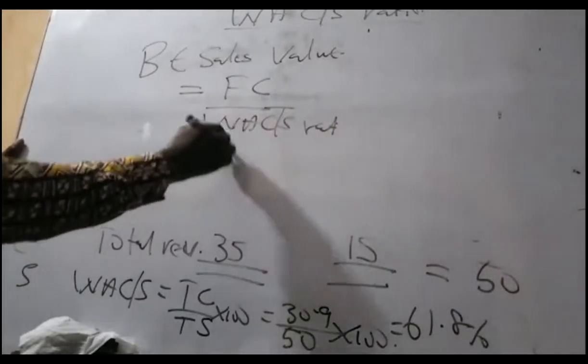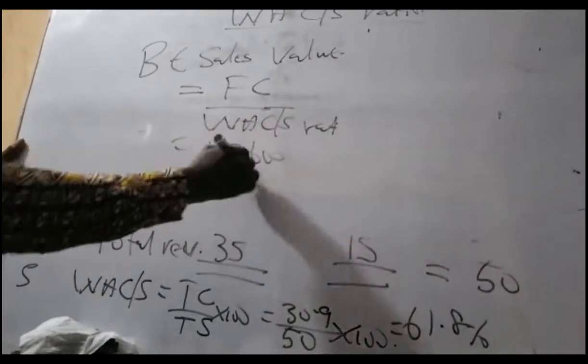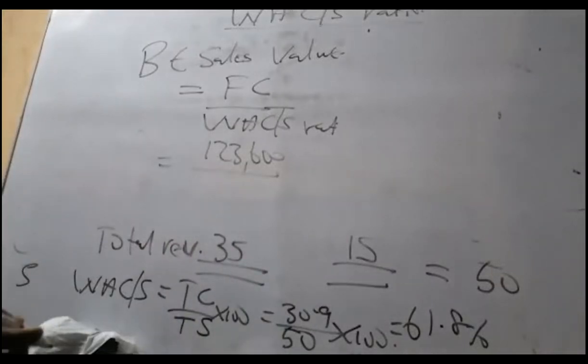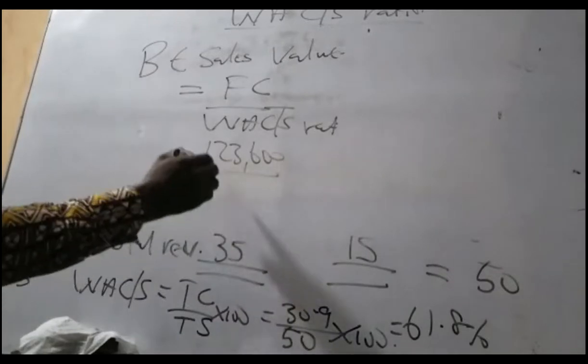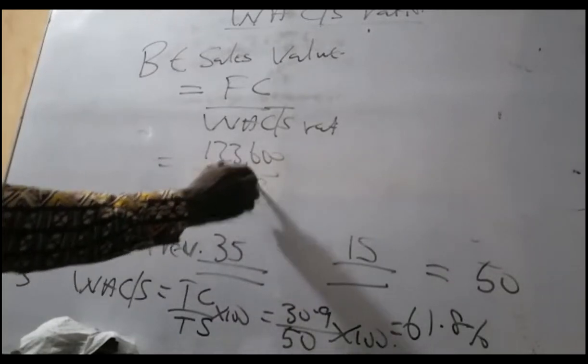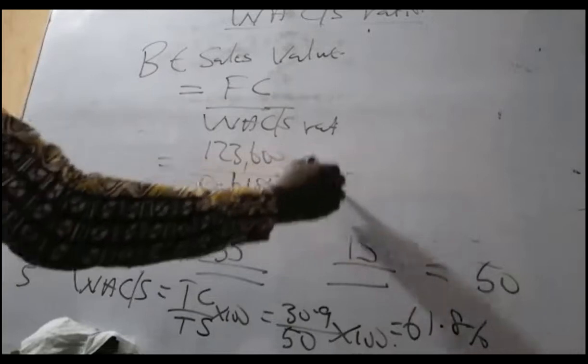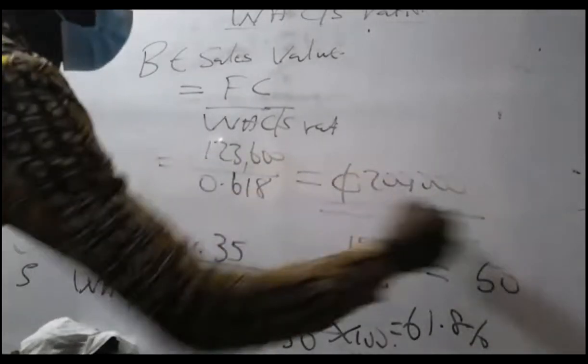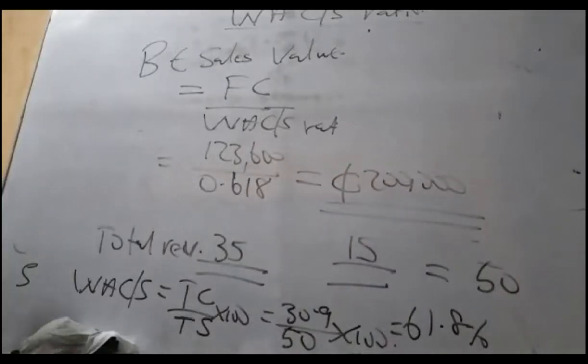What's the fixed cost here? 123,600. Divided by the CS ratio we had, 61.8. So change it to decimal, 0.618. The answer: we had 200,000. Confirmed, right? So this 200,000, we had it from the first question that we solved.